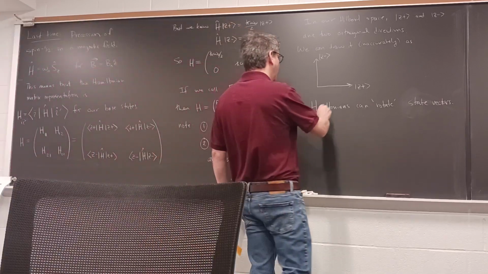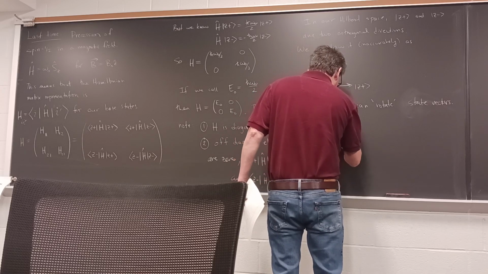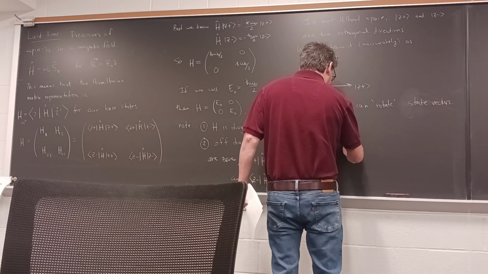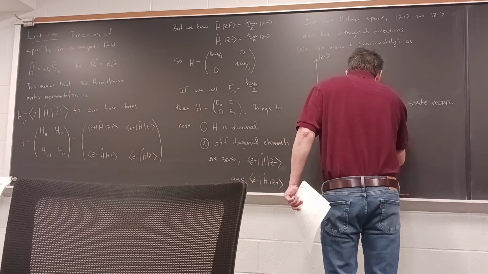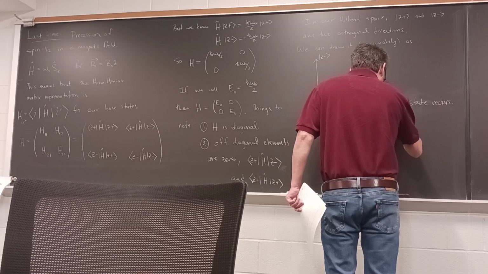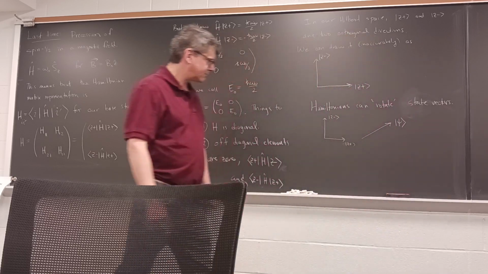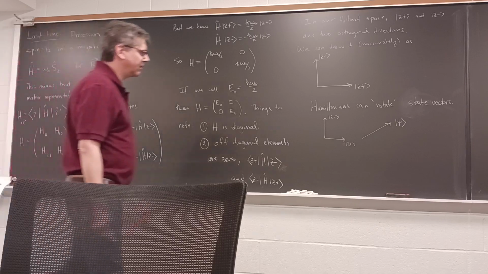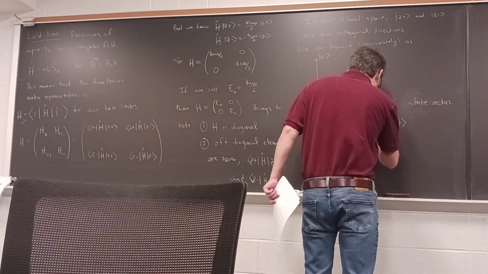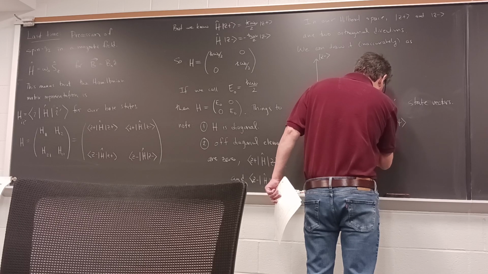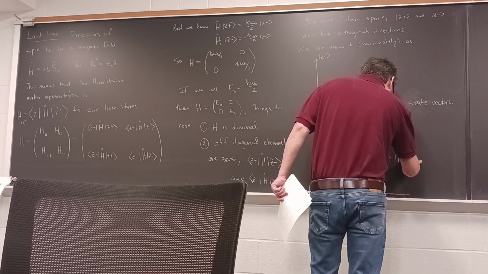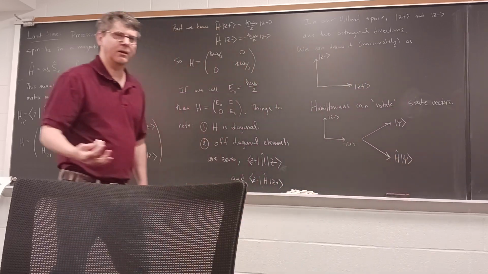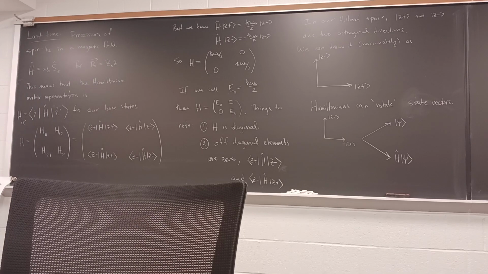I'm just saying that even though we defined some kind of coordinate system, Z plus and Z minus, we might have some state vector psi that looks like this. And if we operate on it with some Hamiltonian, it might change it to something that looks like this. So H hat psi can be rotated. It doesn't have to point in the same direction.